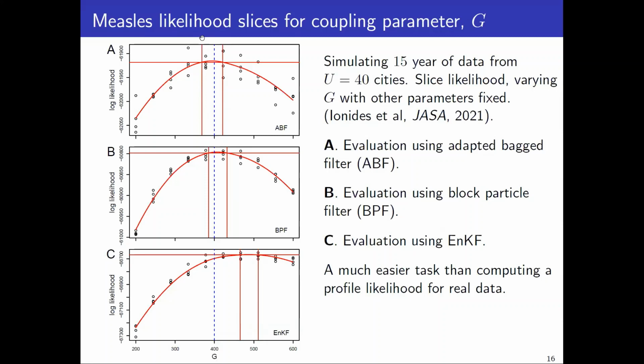Okay, so here we're looking at evaluating the likelihood in different ways for simulations of the measles model. We're not doing an iterative block particle filter yet. We're just doing a block particle filter for likelihood evaluation.